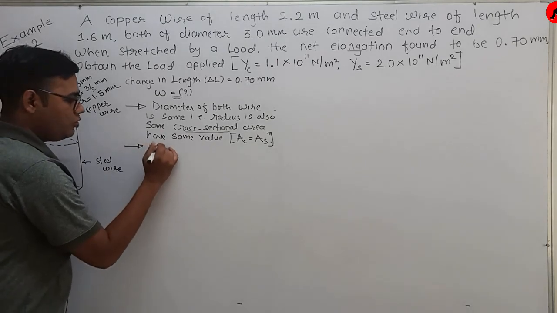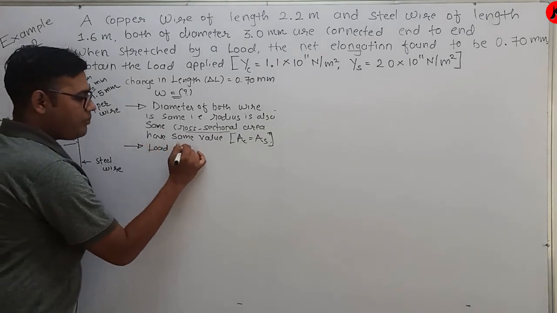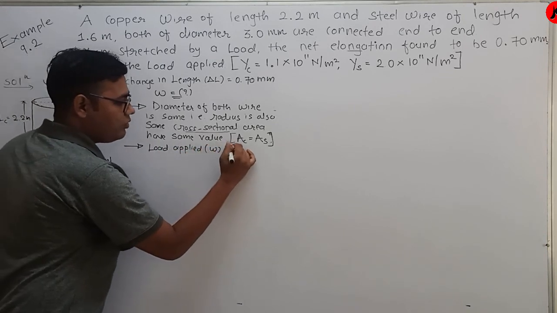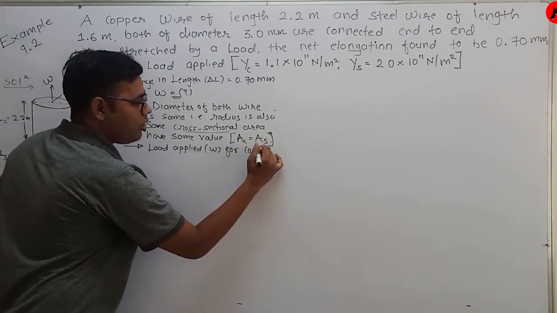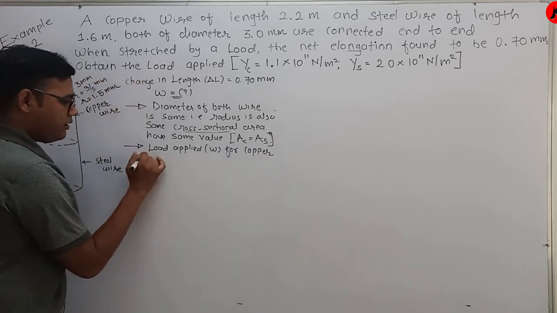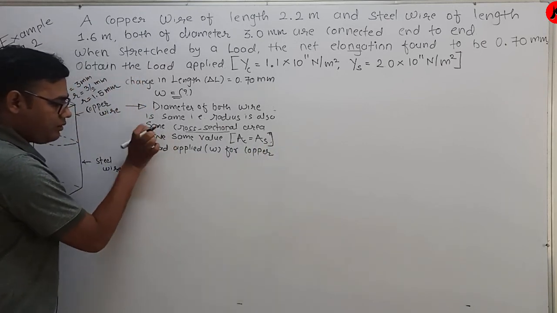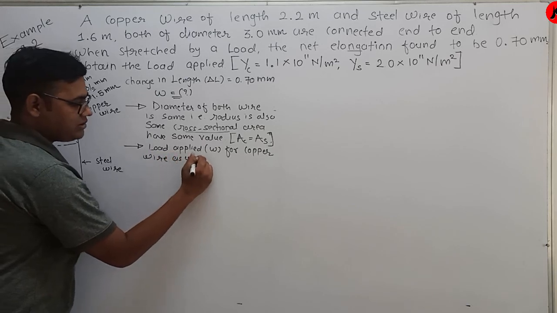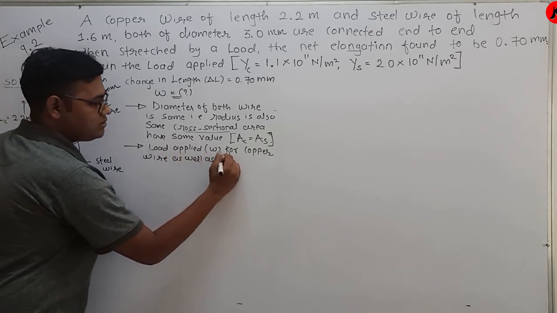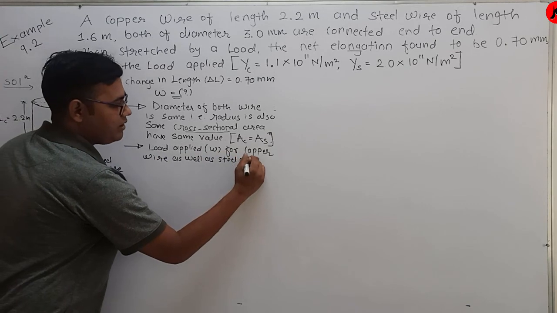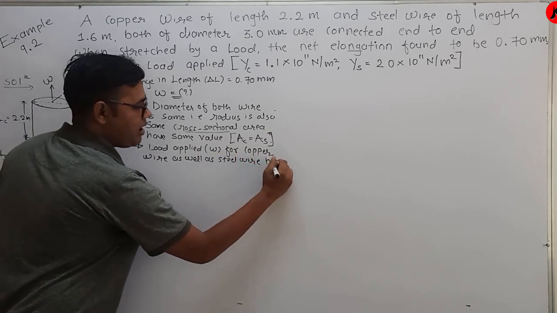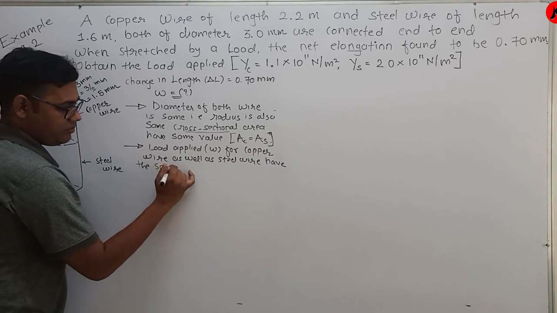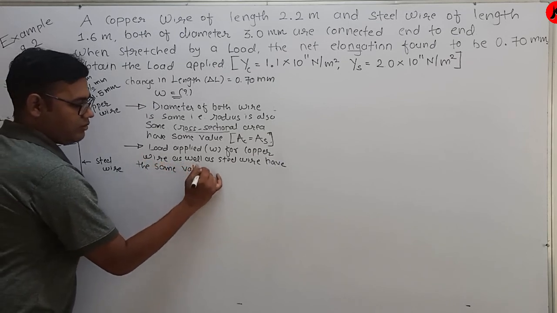So the load applied W for copper wire as well as steel wire has the same value.